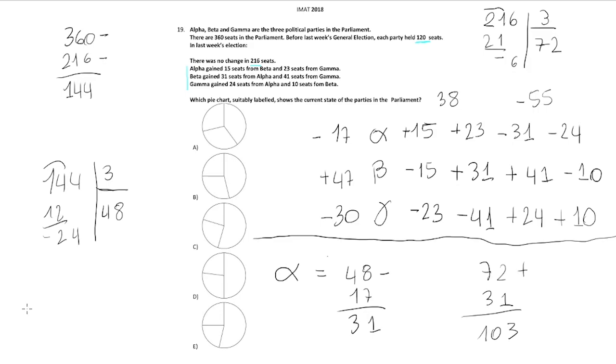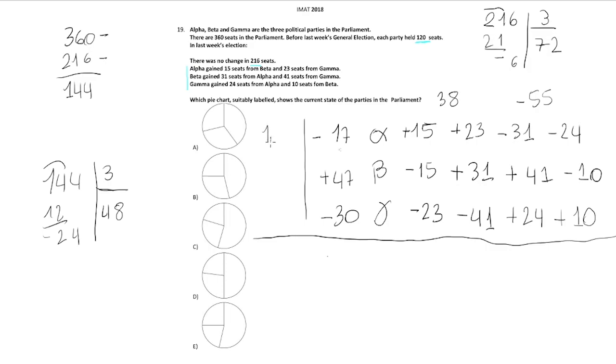We have to remember this number, that is 103. So we know that alpha actually gained 103 seats.